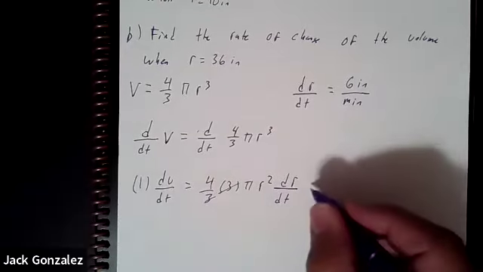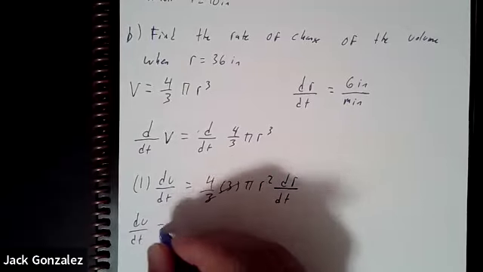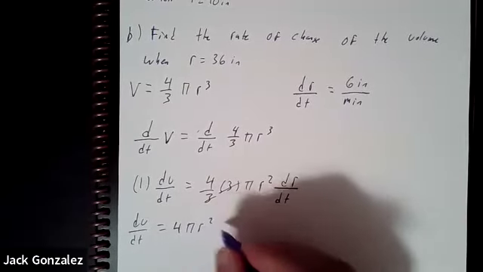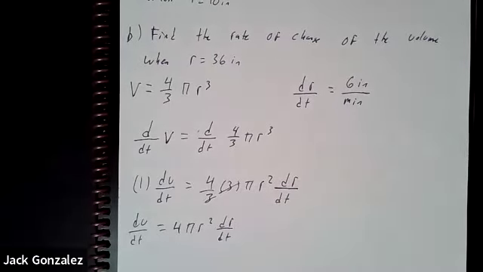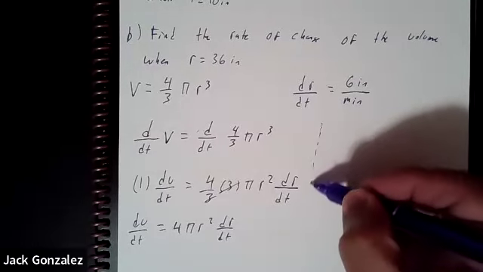So we have dV/dt equal to 4 pi r squared dr/dt. I'm out of space. I'm gonna do it over here.